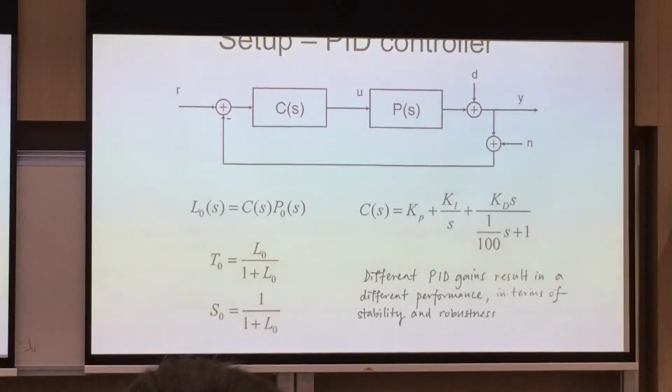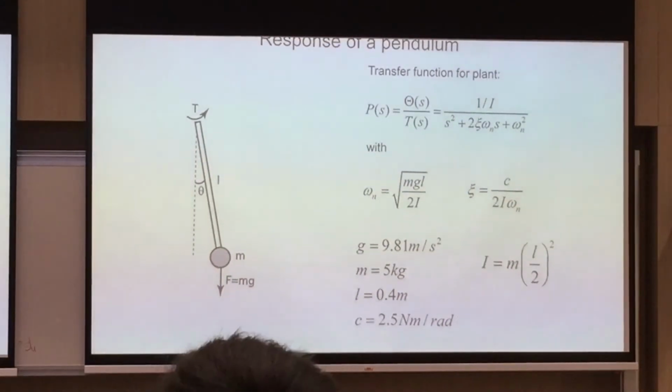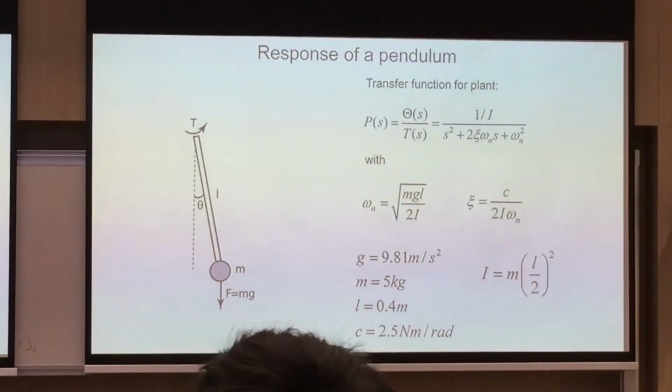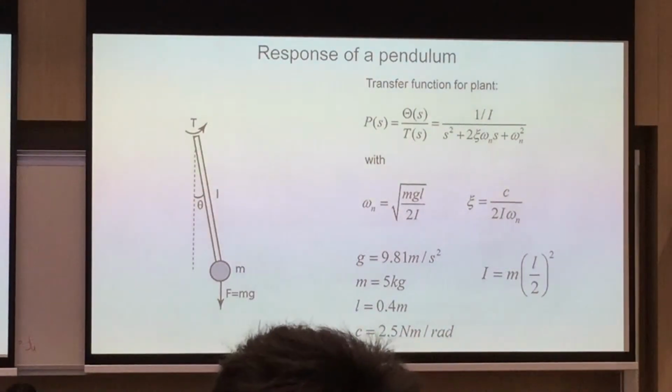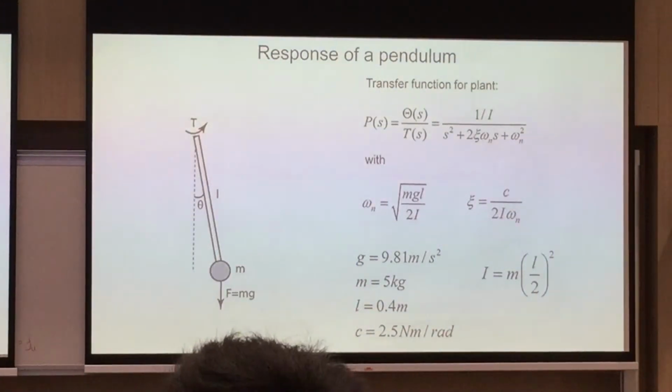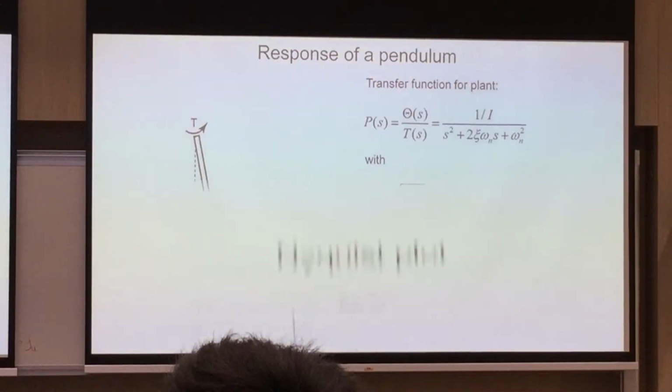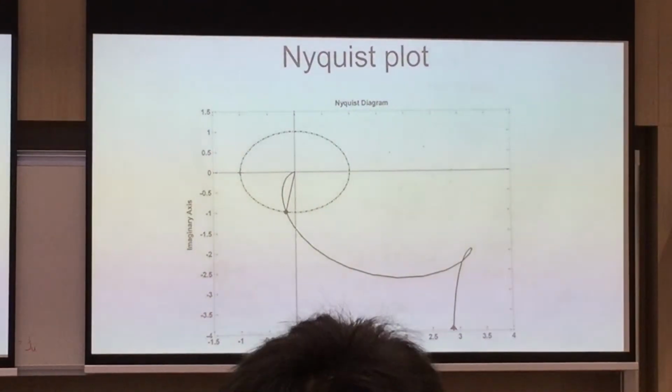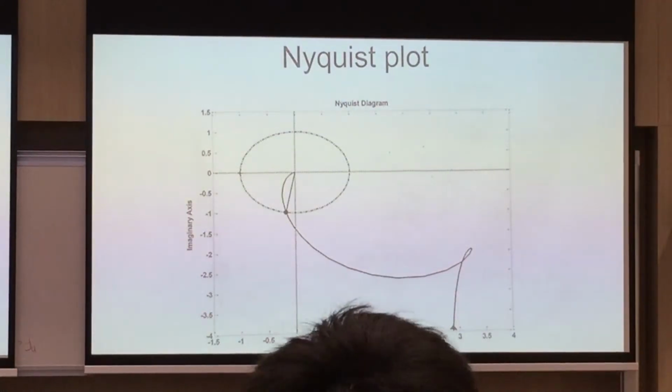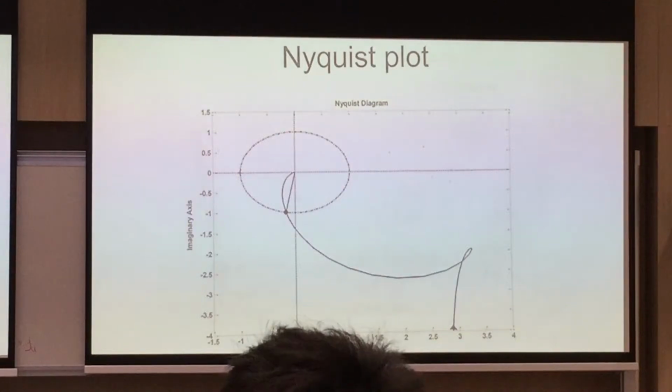Alright, considering your P, the plant, your pendulum. Okay, you can draw a Nyquist plot, remember that, for this particular plant. Alright, if you do that, this is the Nyquist plot, this is your L naught. Okay, L naught which is C(s) times P0(s).